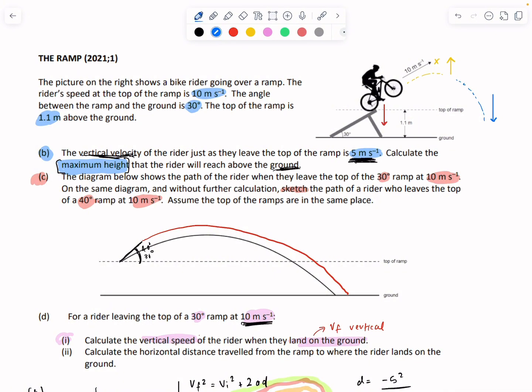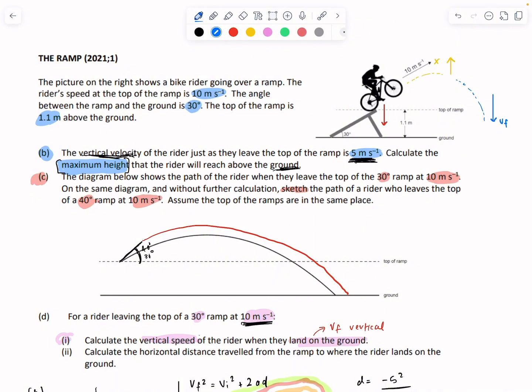I've decided to make VF, this is VF, I've decided to make VF my anchor vector, okay? It's because it's the thing that I'm trying to find, and I'm comparing all the other vectors around this vector, in relation to this vector.